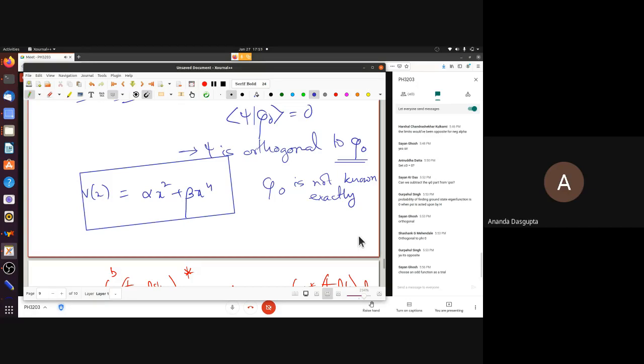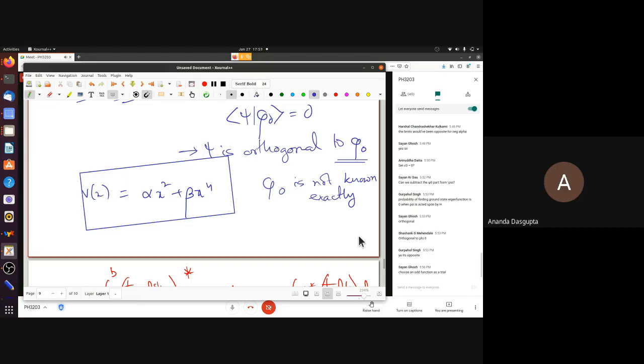So if you choose an odd function as a trial state, so some odd function with arbitrary parameters which you can work with, then you have ensured that whatever you have chosen is orthogonal to the ground state. So if you use such a trial family, then minimizing with respect to that is going to give you not the ground state energy as a lower bound, but the first excited state energy as a lower bound.